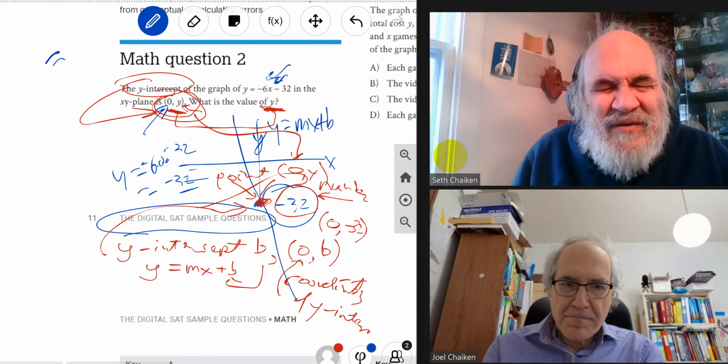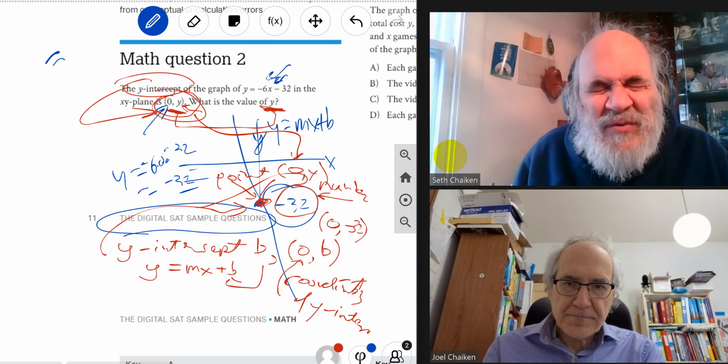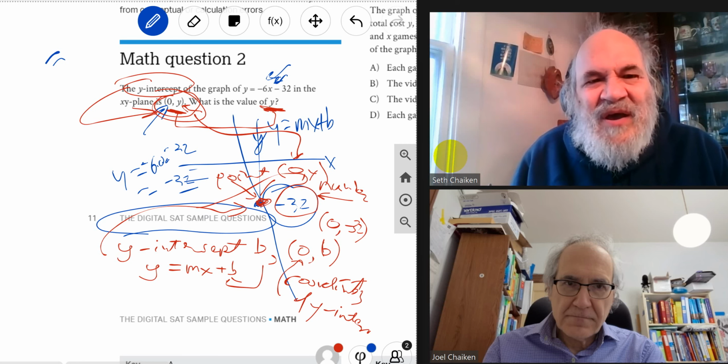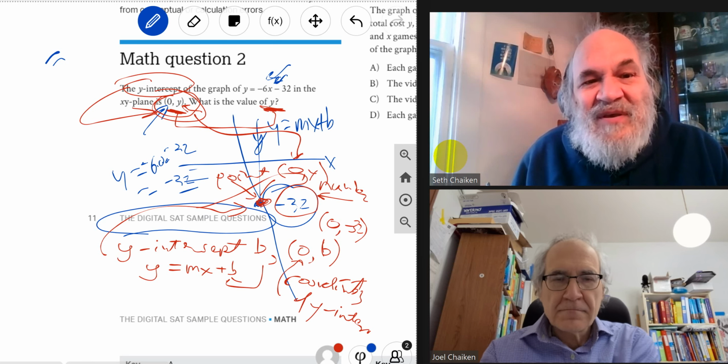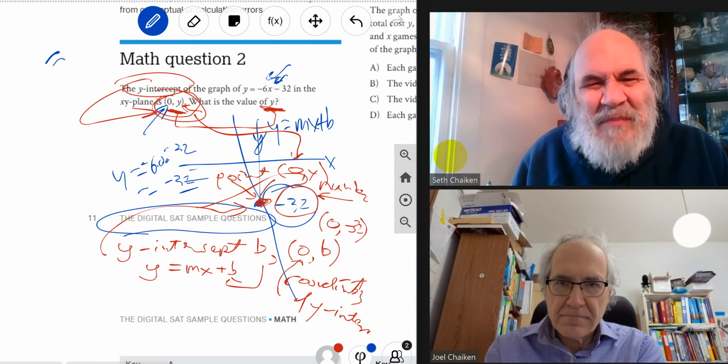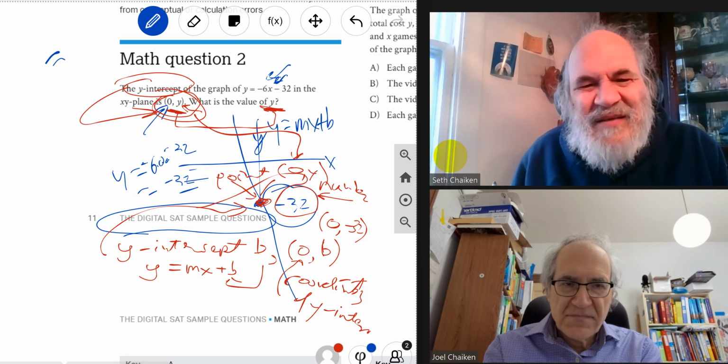And then you look at the form of the equation and recognize that it's in the y equals mx plus b form. The b is negative 32, and the y coordinate of the y-intercept is b, which in this problem is negative 32. That's the answer, negative 32.